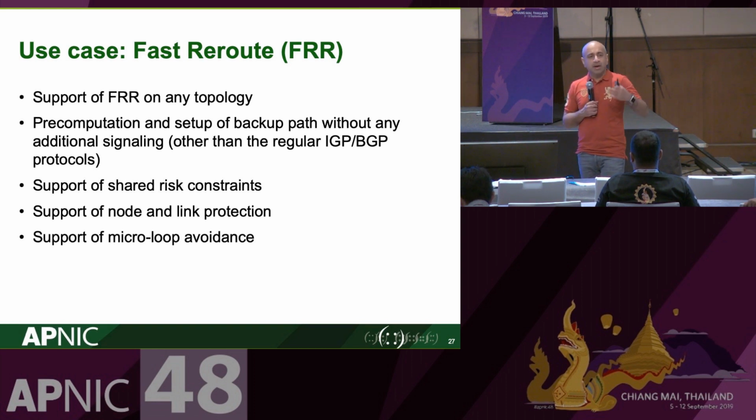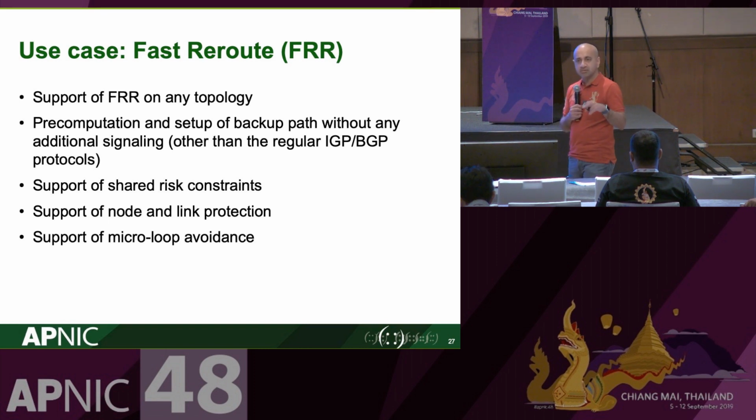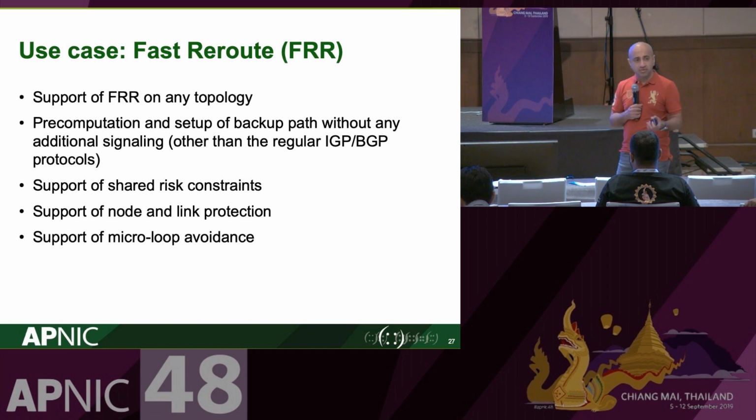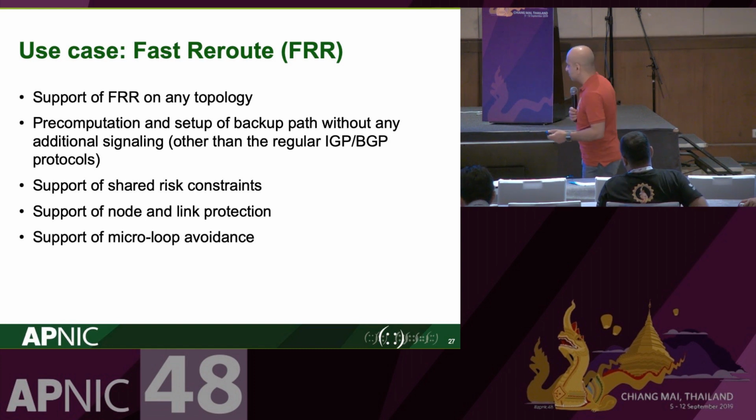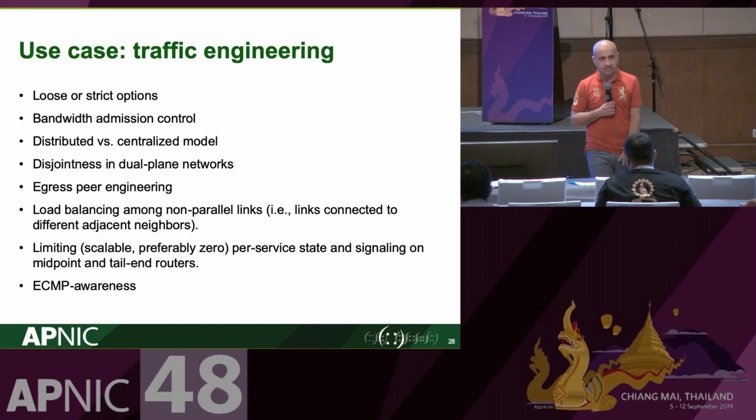So that when there is a failure, you quickly send traffic on these alternative backup paths, so you do not lose a lot of traffic. The requirement is usually to do it within 50 milliseconds, so pretty rapid rerouting. So that's one.